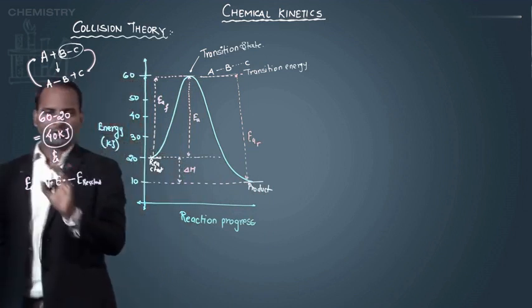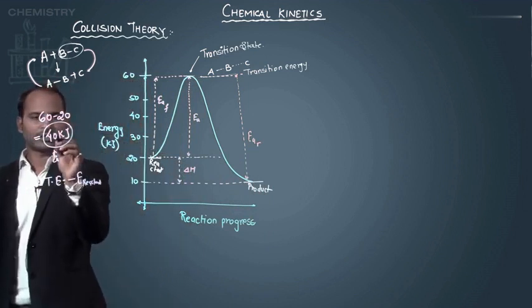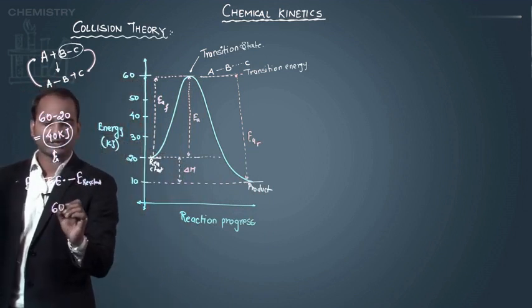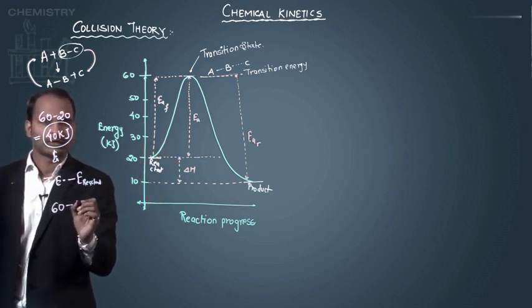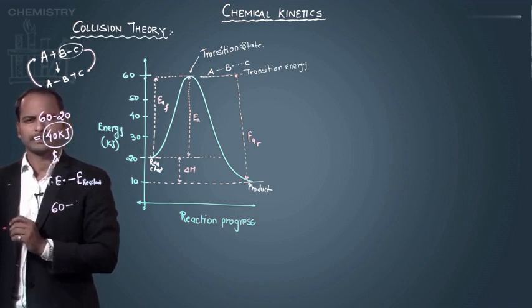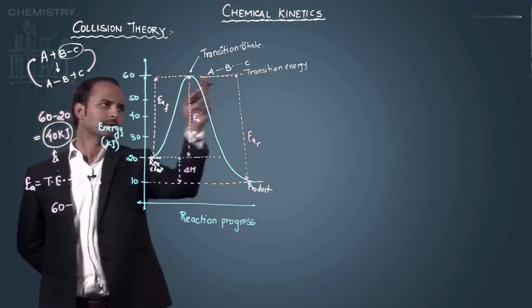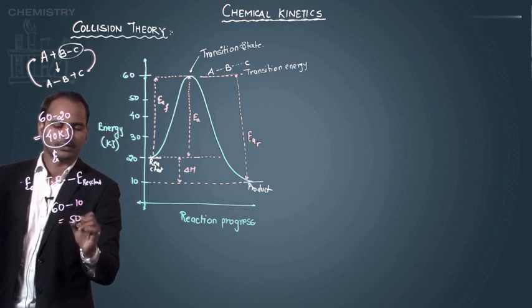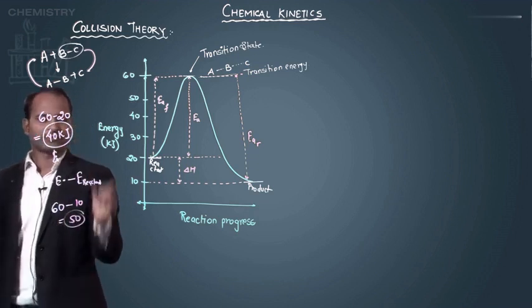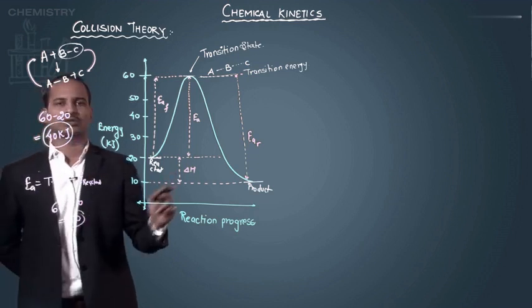The activation energy for the forward reaction is 40 and the activation energy for the reverse, from this data, is 60 minus 10, that is equal to 50, and the difference of these two is 10 and this difference is also 10.